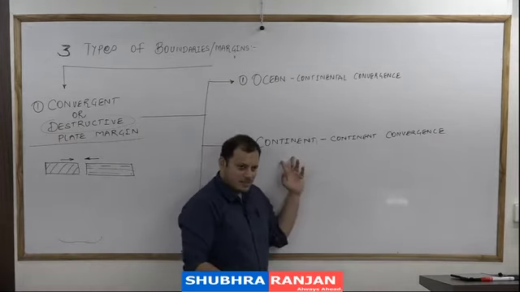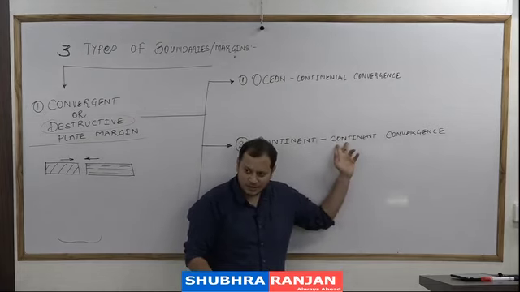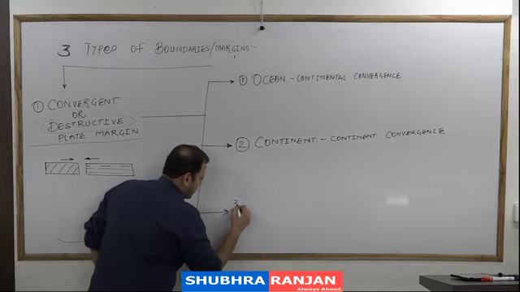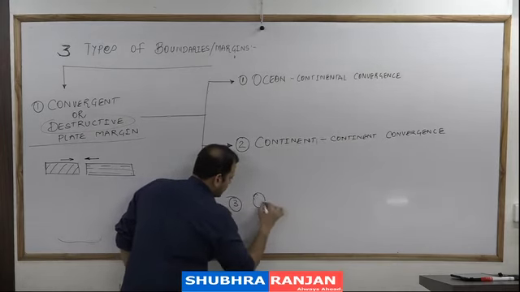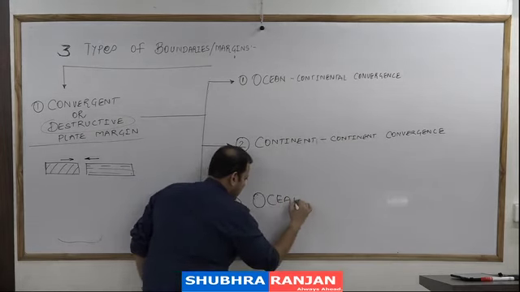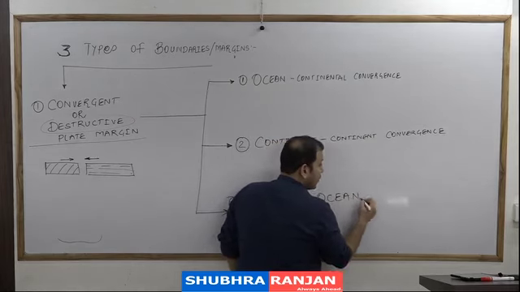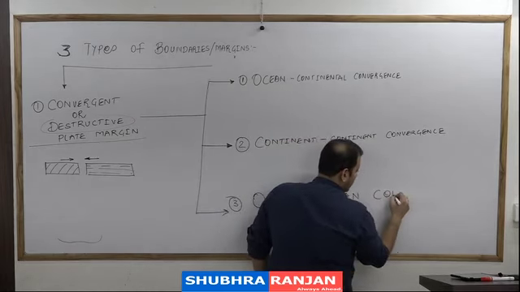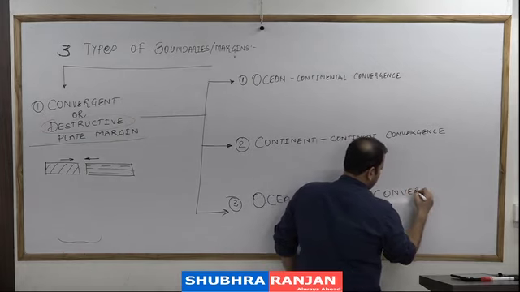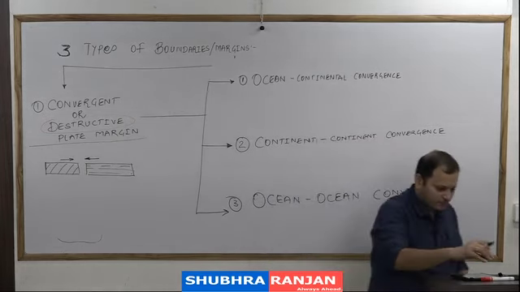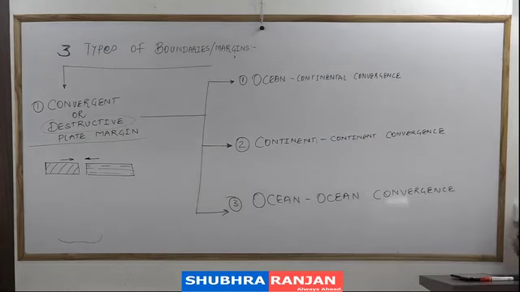Example, the Asian plate is also a continent, the Indian plate is also a continent. So, this is a continent convergence. And the third is ocean convergence. Here we are not talking about the water, we are talking about the crust. Ocean convergence.